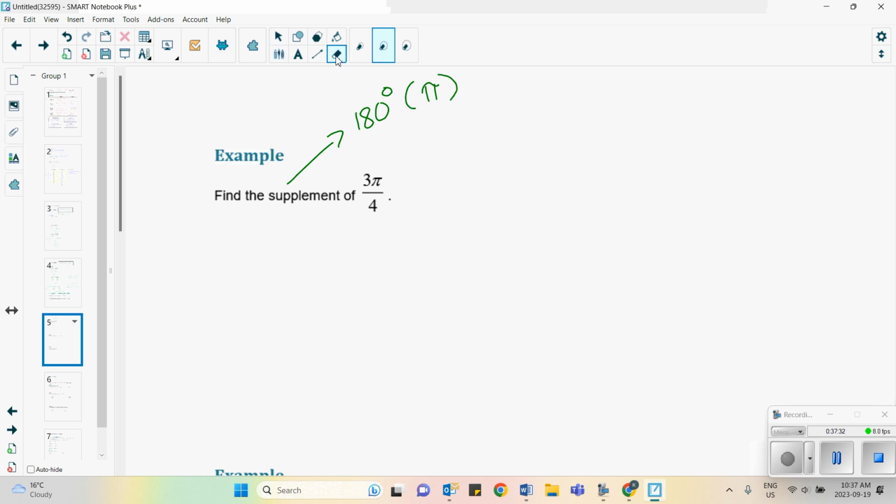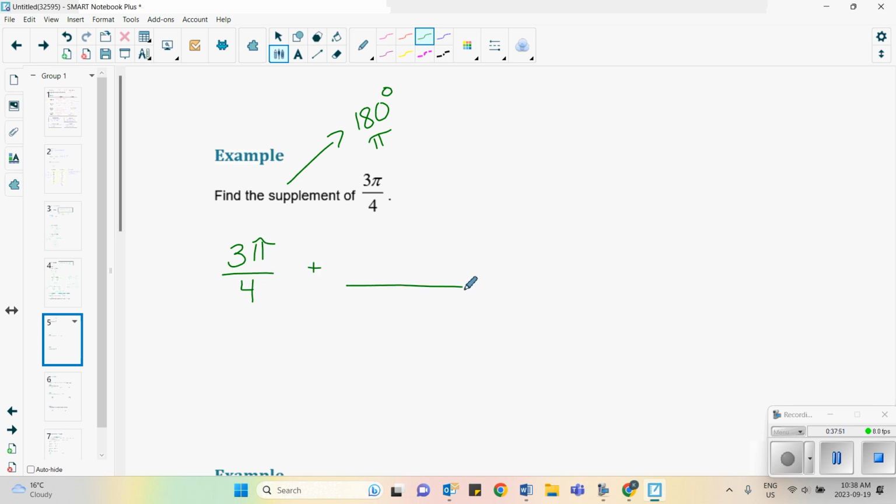That's like times by pi. Sorry. So 180 is the degree measurement of it. Pi is the radian measurement. So we have 3 pi over 4 plus blank equals pi.